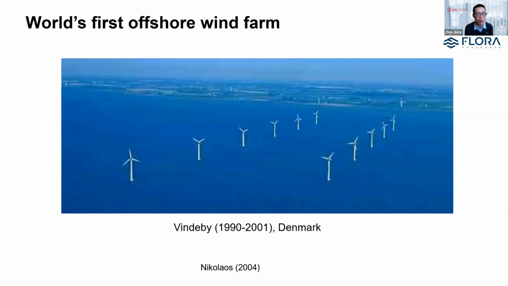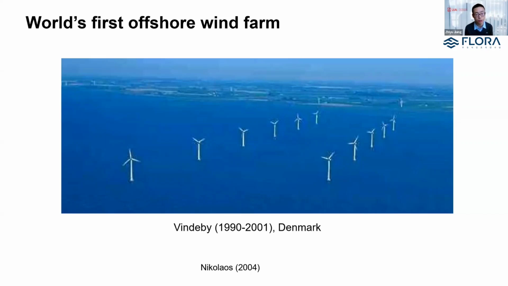And the wind turbines are relatively small compared to the modern day utility scale wind turbines. Each wind turbine only has a power capacity of 450 kilowatts with a rotor diameter of around 35 meters. So these 11 wind turbines form the very first offshore wind farm in the world.